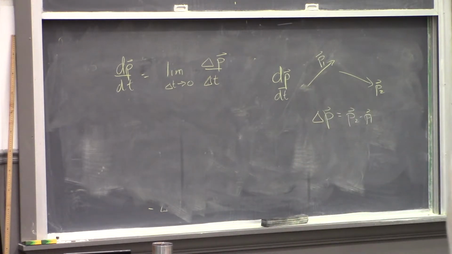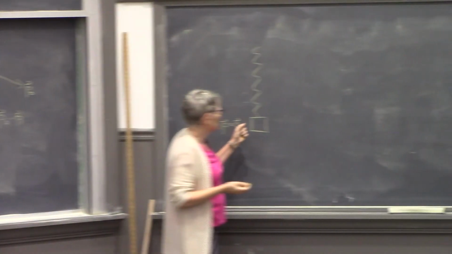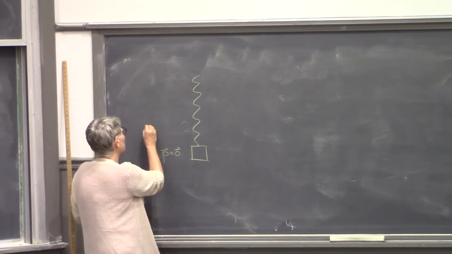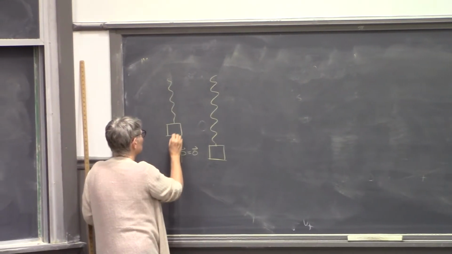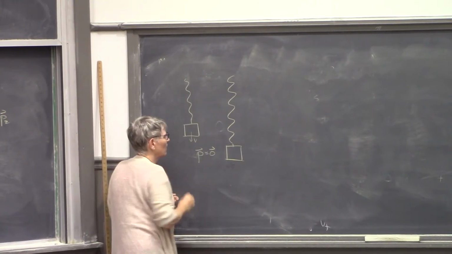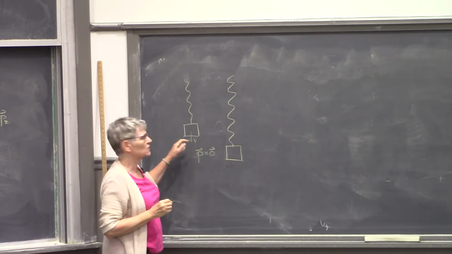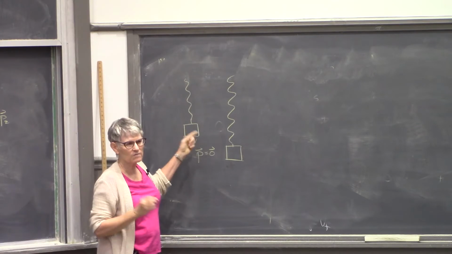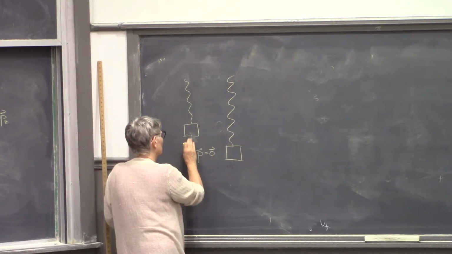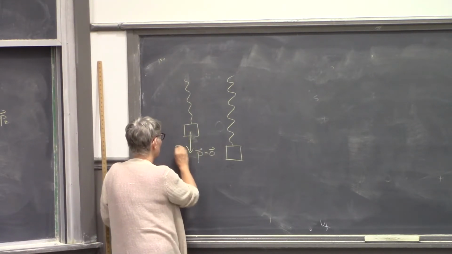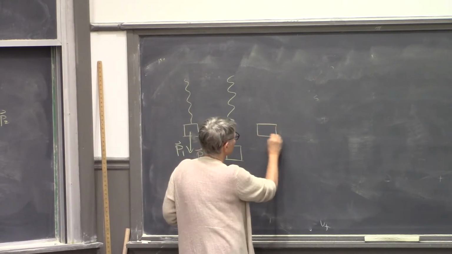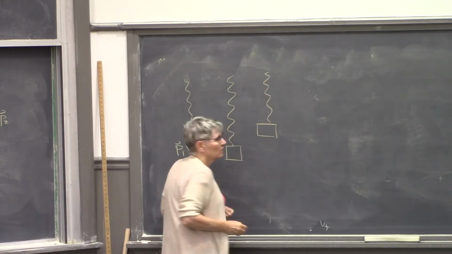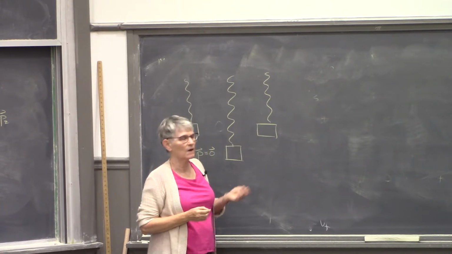So let's apply that here. A short time before the time we were interested in, here's our mass and it's going down. So what's the direction at this instant? Down. So a short time after it's reached the bottom, what's the direction of momentum? Up.